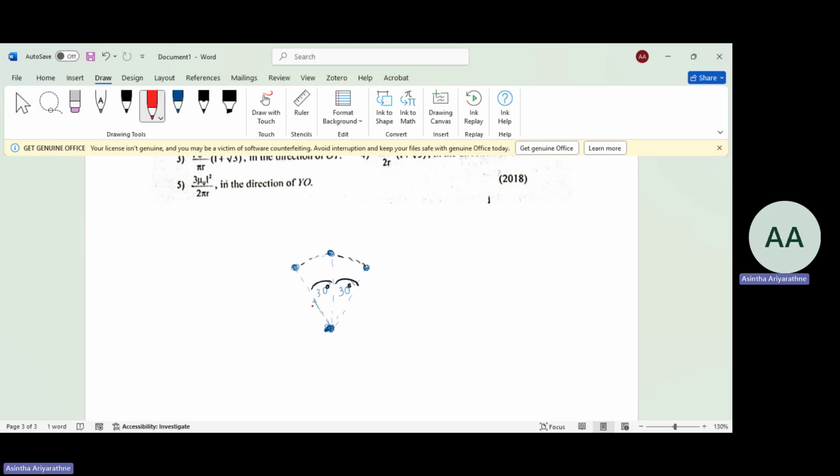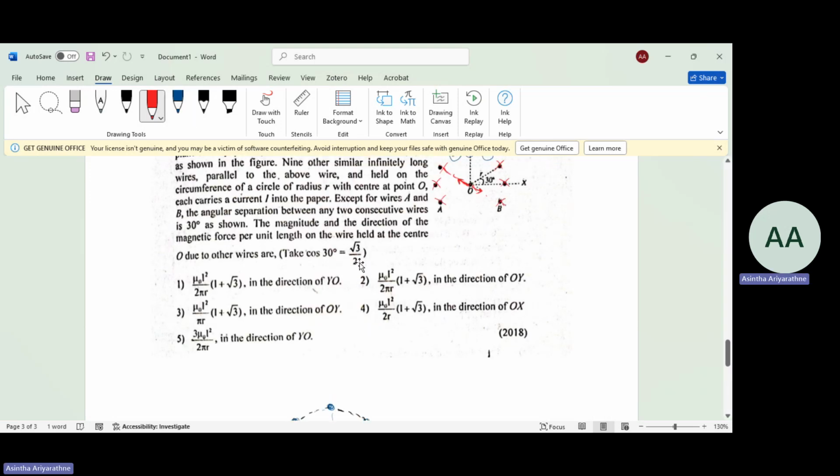So they would occur same force F. The distances are the same.